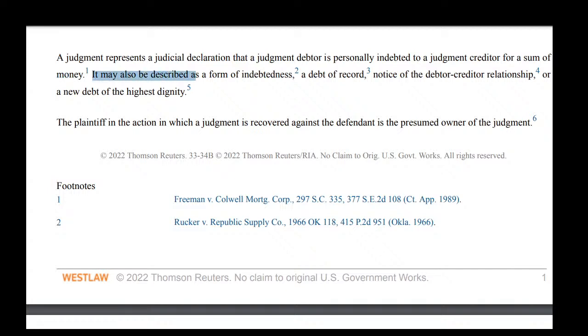It may also be described as a form of indebtedness, a debt of record, notice of the debtor-creditor relationship, or a new debt of the highest dignity. The plaintiff in the action in which a judgment is recovered against the defendant is the presumed owner of the judgment. Wait a second. Owner of the judgment.